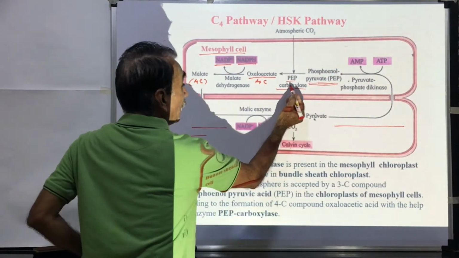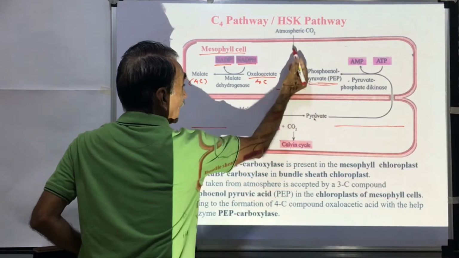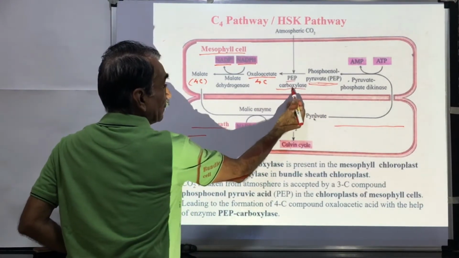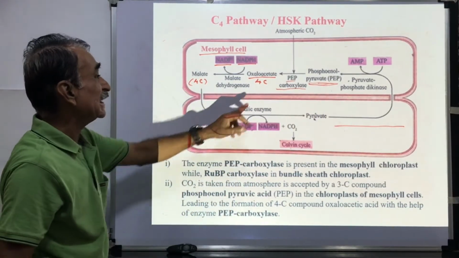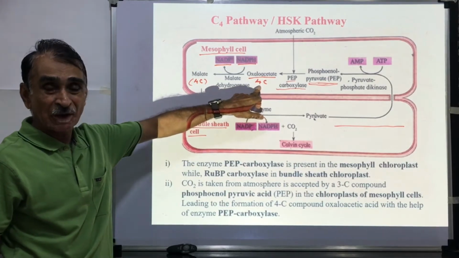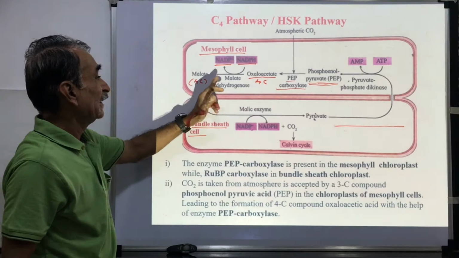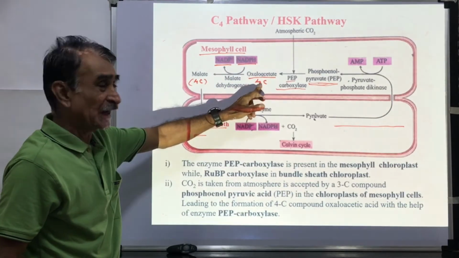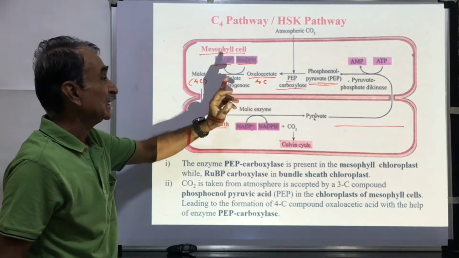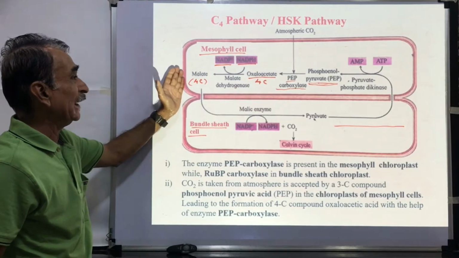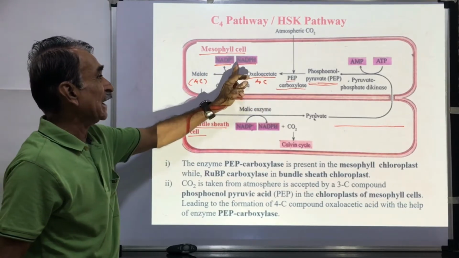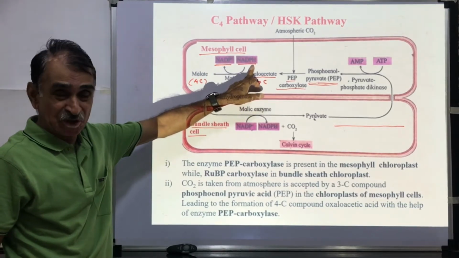Initial reaction: phosphoenol pyruvate, PEP, accepts CO2 in the presence of the enzyme PEPcase, or PEP carboxylase. There is formation of oxaloacetate. It is immediately converted into malate, and oxaloacetate and malate are both 4-carbon compounds. OA is converted into malate by using the hydrogens from NADPH.